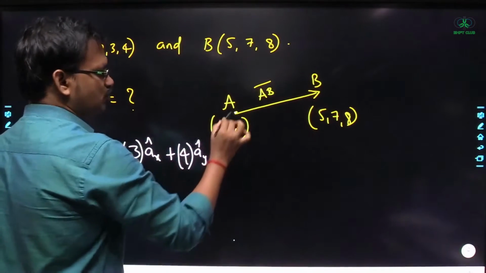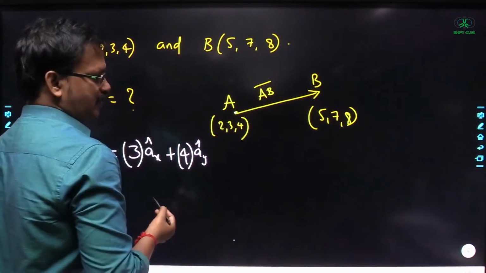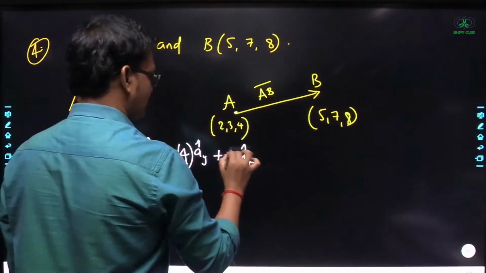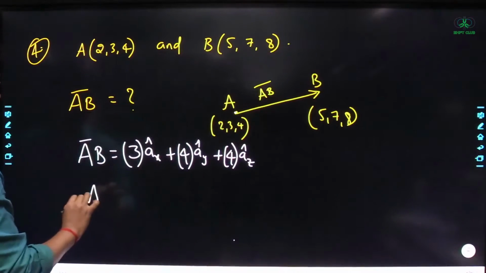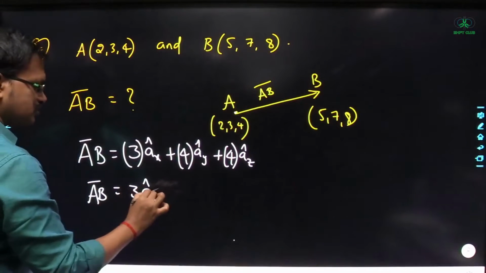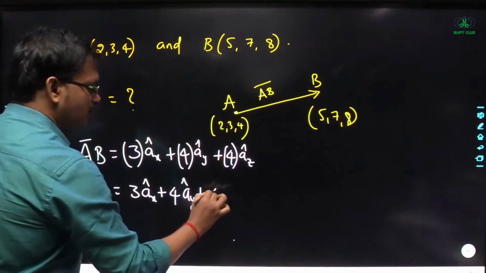Next, the increment in z is 8 minus 4, which is 4, so 4az cap. So you will represent AB bar as 3ax cap plus 4ay cap plus 4az cap.